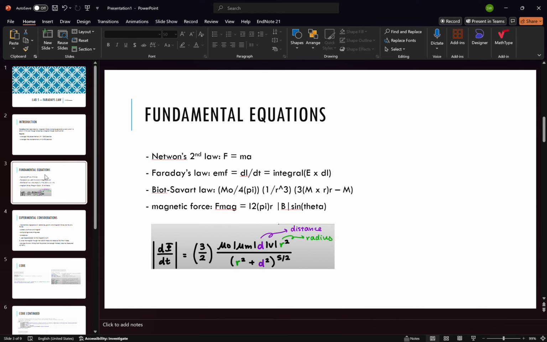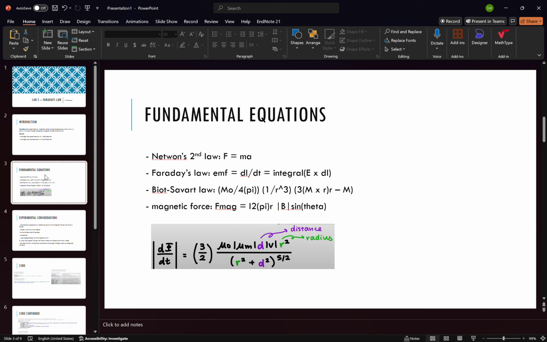For Faraday's law, we have EMF is equal to the change in flux over change in time, which is equal to the integral of the electric field times the change in length. Then Biot-Savart's law, which is mu over 4 pi times 1 over r cubed, multiplied by 3 times mu times r minus mu.